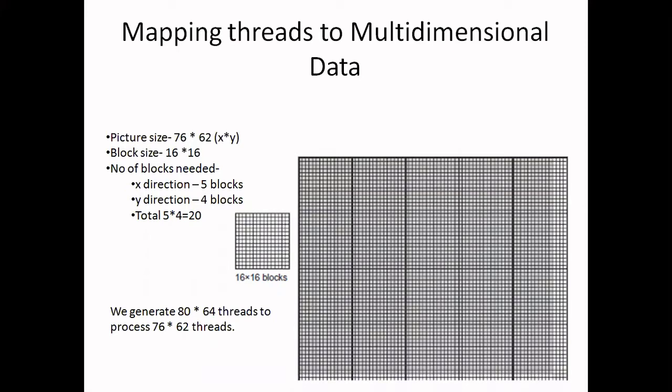For each pixel, I want a thread. I have specified the block size as 16 cross 16. So you can assume 16 cross 16 is something like 256, I think.